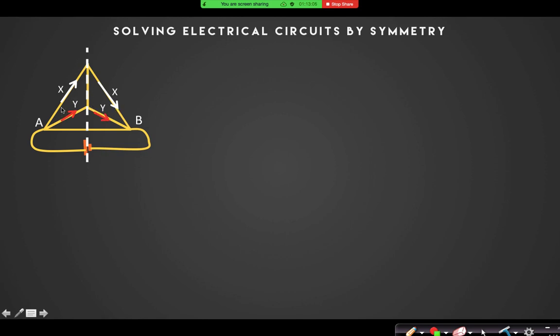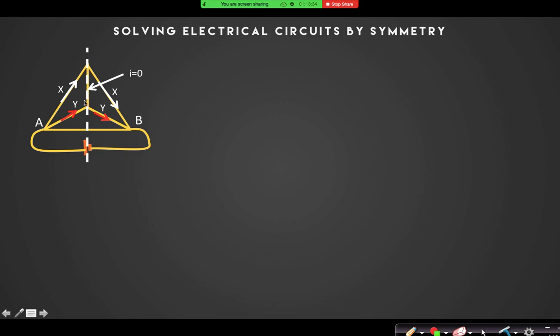Now from this, what you can conclude is, look, the branch that is connected between the upper and lower branches, the intermediate branch, this one I am talking about. Can you see that this branch will carry zero current, because whatever current X flows here and whatever current Y flows here, these two branches are just like in series.